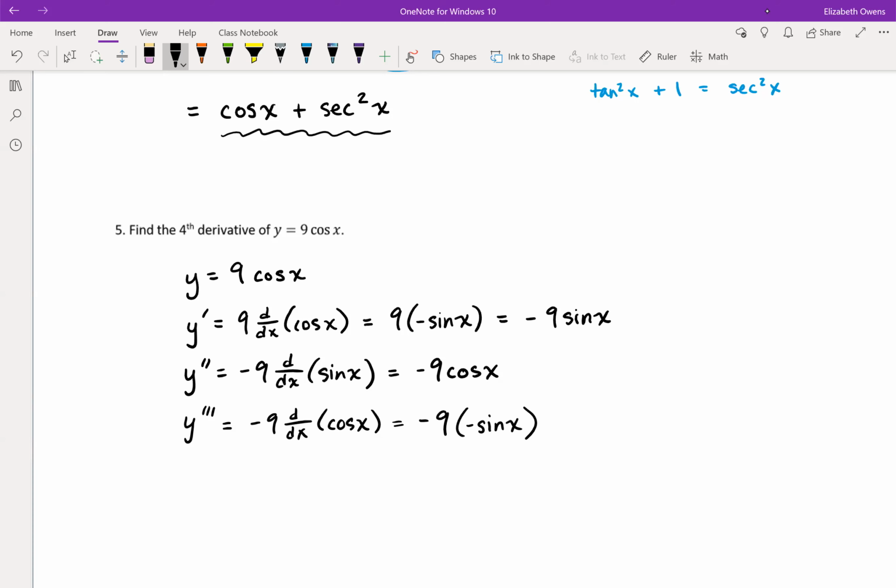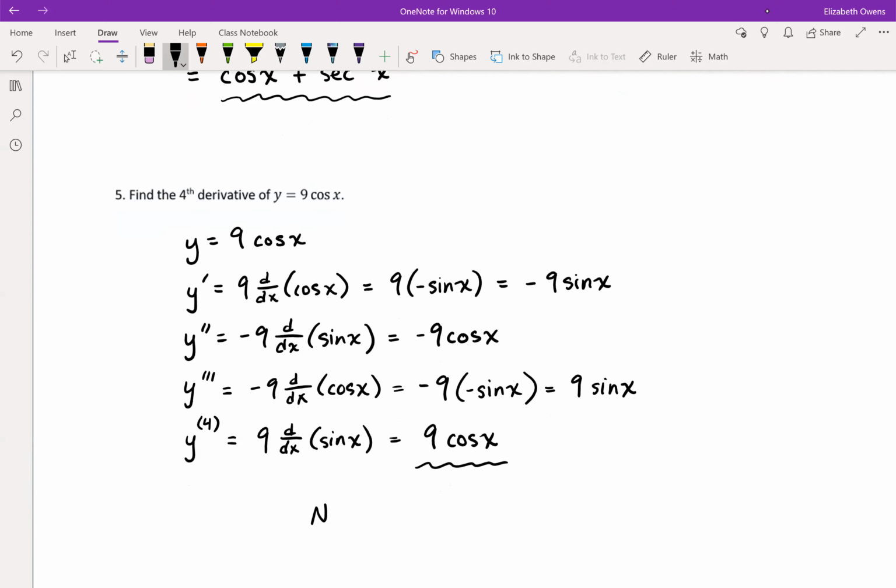That derivative is negative sine x, and so we come up with positive 9 sine x. And for the fourth derivative, do this one more time. Remember that notation usually switches here. A little parentheses 4 up in the superscript indicates your fourth derivative. And so we're going to have 9 times the derivative of sine x, and that is 9 cosine x. So that is the fourth derivative of our function.